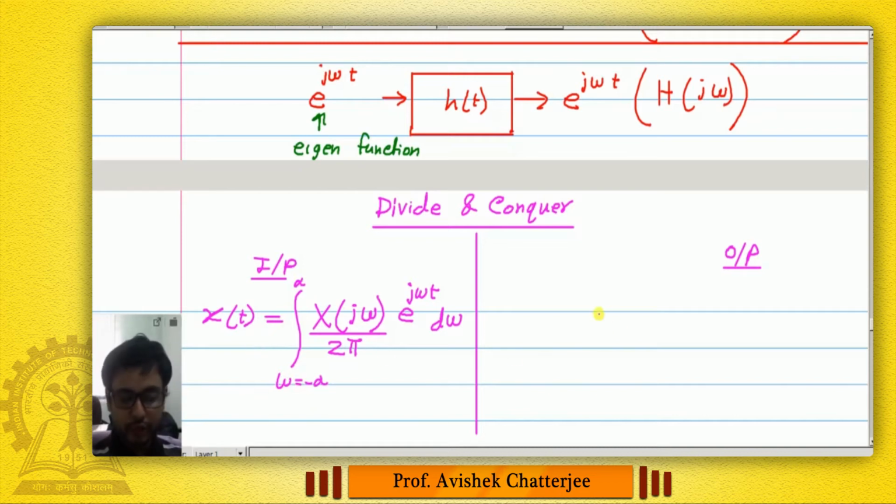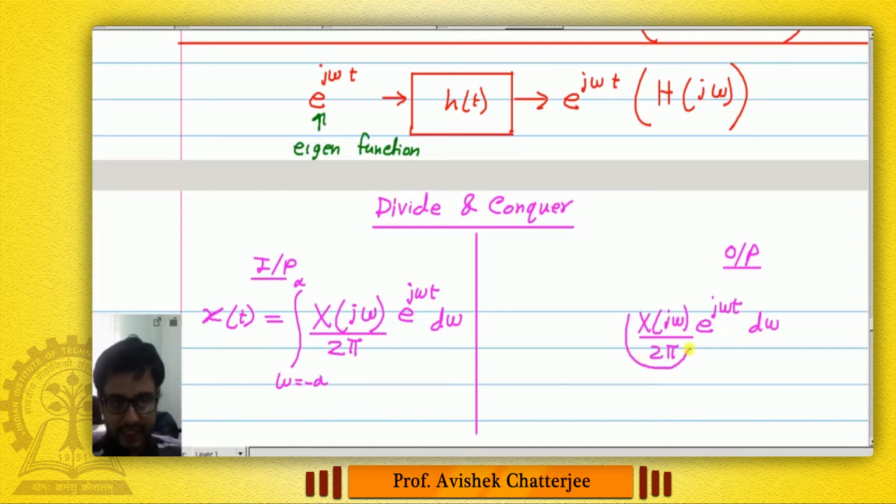Then what will be the output? Let me consider one particular component of the input, which is e to the power j omega t with amplitude X j omega by 2 pi d omega.